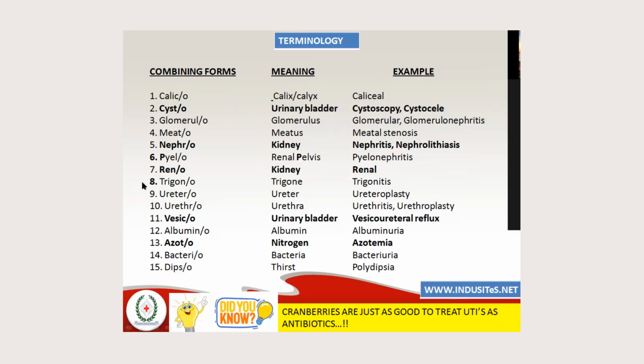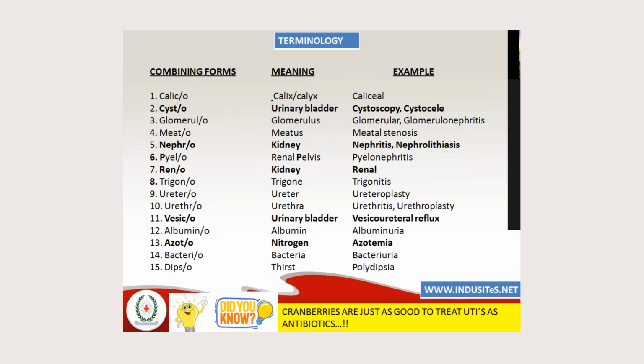Then ninth one, that is uretero. Uretero is ureter. And example is ureteroplasty. So, Roja, explain. What is ureteroplasty? Sir, plasty is a surgical repair, sir. Yes.